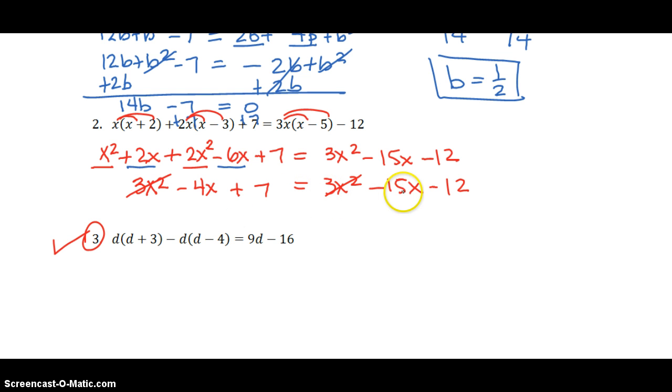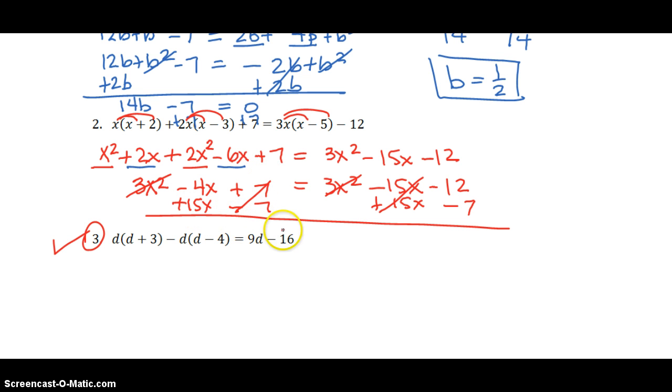So now we're going to add 15x to both sides, and I'm also in the same motion going to subtract 7. So now I have 11x equals negative 19.